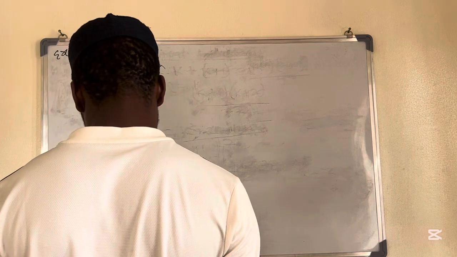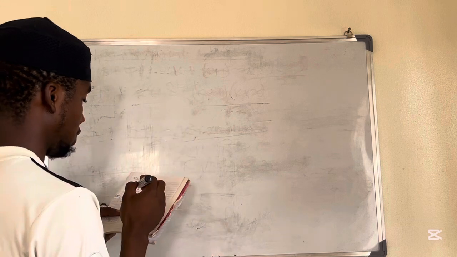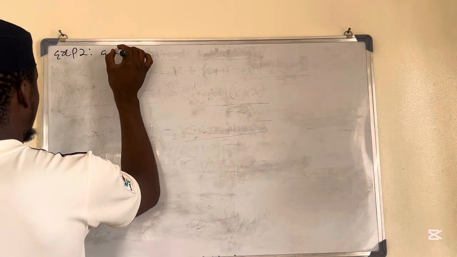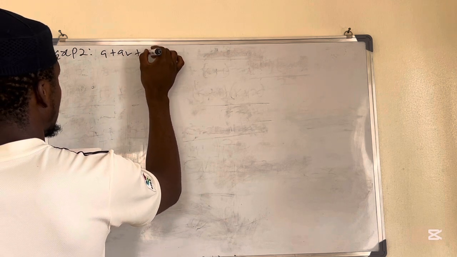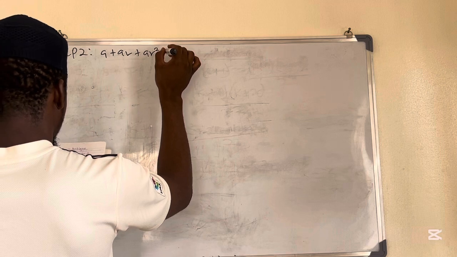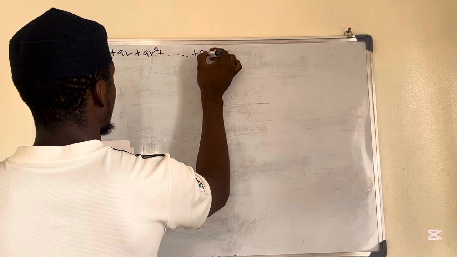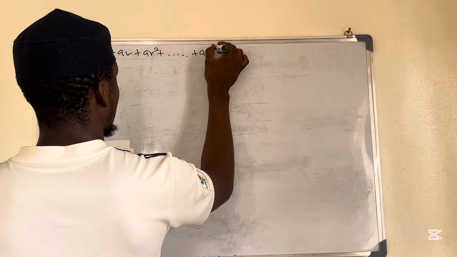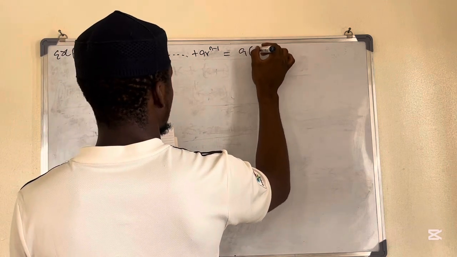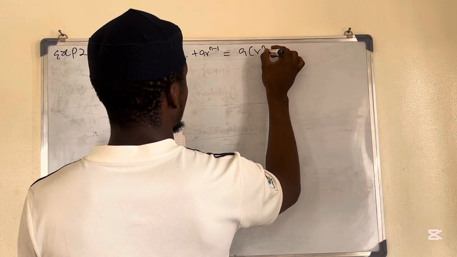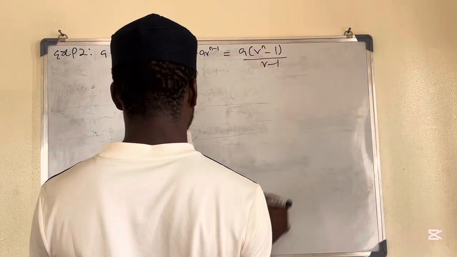Example 2 says that we should prove using mathematical induction that a plus ar plus ar squared plus dot dot dot plus ar to the power of n minus 1 is equal to a into r to the power of n minus 1, all over r minus 1.